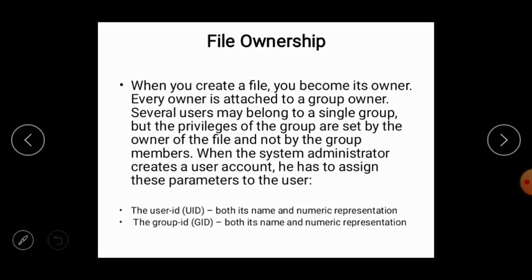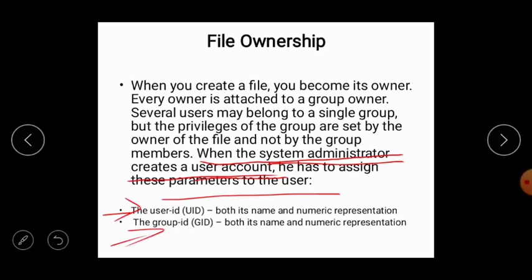Here, when the system administrator creates a user account, he has to assign these parameters to users. Means when the administrator is going to create the user account, he should provide the user ID and group ID.